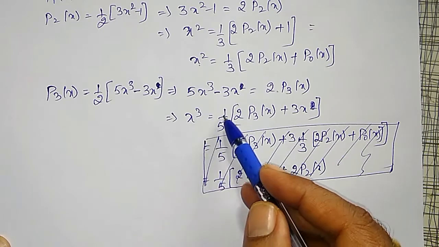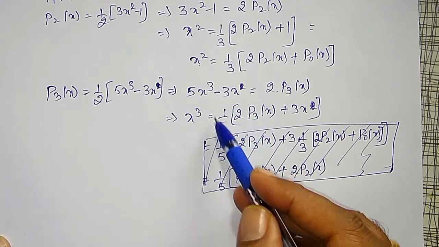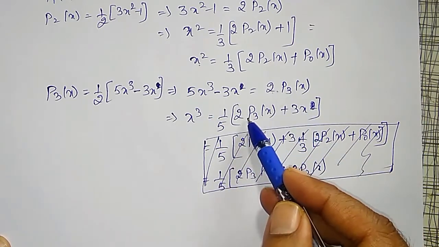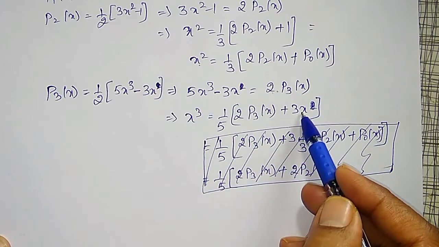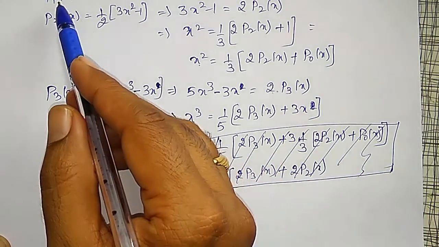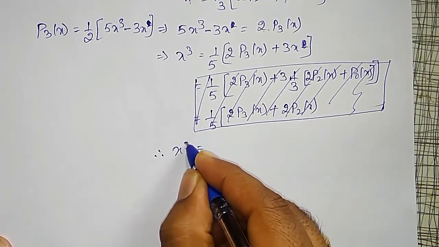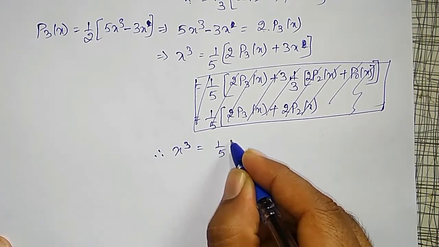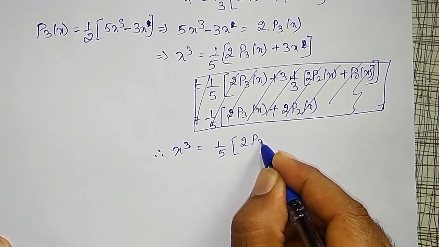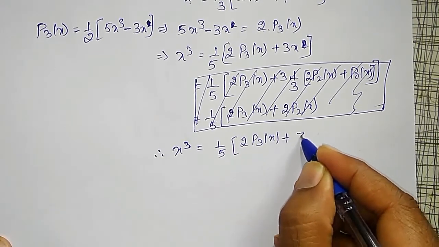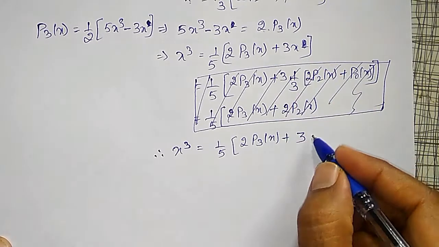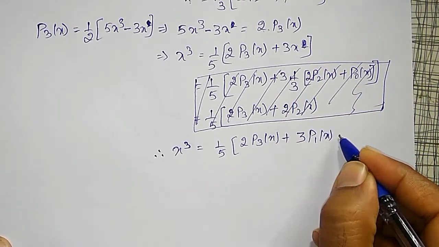Therefore, x cube equals 1 by 5 times (2 times P3 of x plus 3x). But x is P1 of x. Therefore, x cube can be written as 1 by 5 times (2 times P3 of x plus 3 times P1 of x).